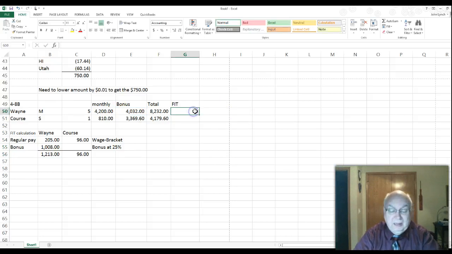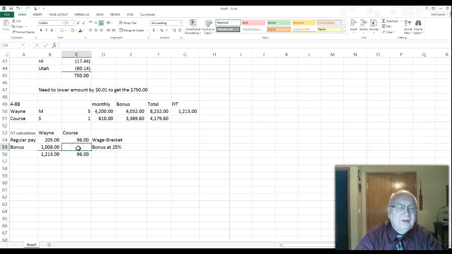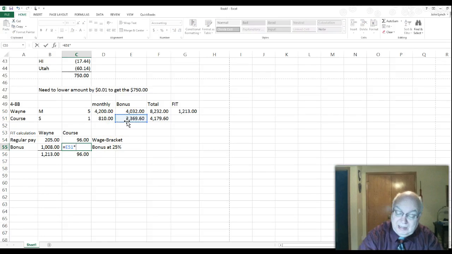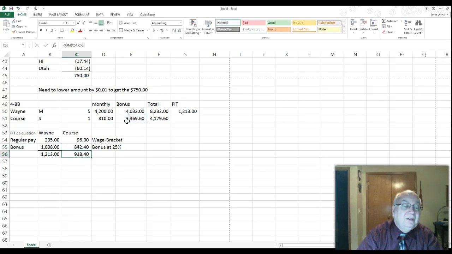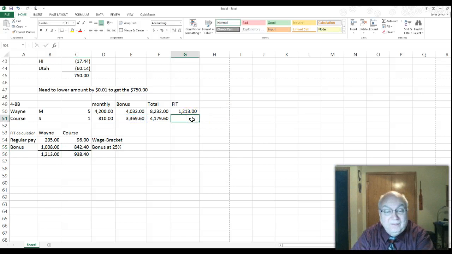So the tax will be $1,213 for the FIT. And I also picked the third one down, single with 1. The wage bracket method was $96 on the 810, because that's what you want to look up. For the bonus tax, you take the $33.69 times 0.25, gives you $938.40. That's the tax for that one.